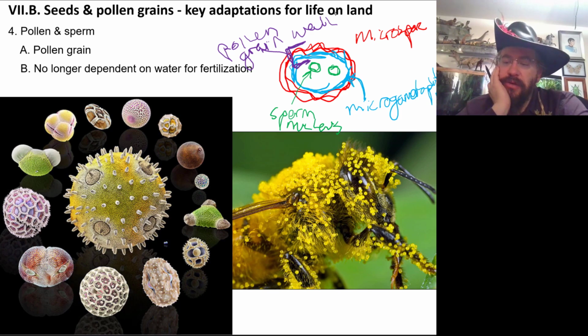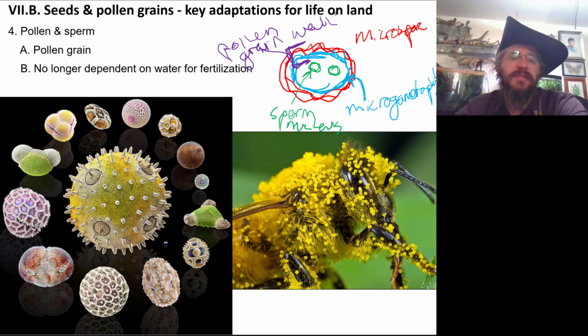Anyway, not too terrible. The microgametophyte is within the microspore. Microgametophyte is kind of a fancy way of saying male gametophyte, just a reminder. So, interchangeable. Anyway, and then the gametophyte cranks out the actual sperm nuclei.